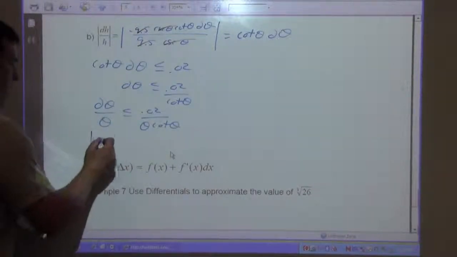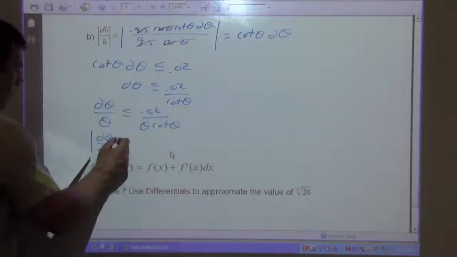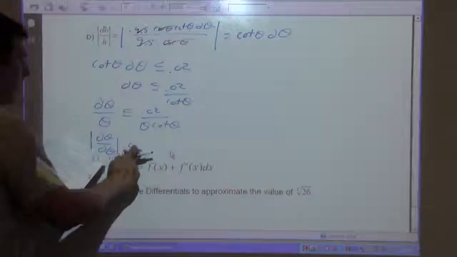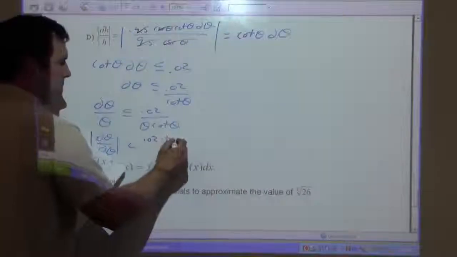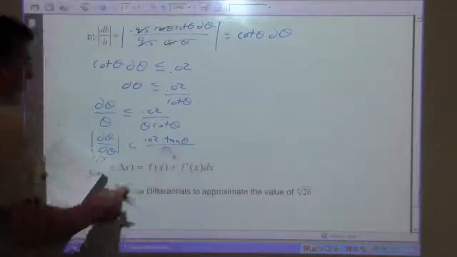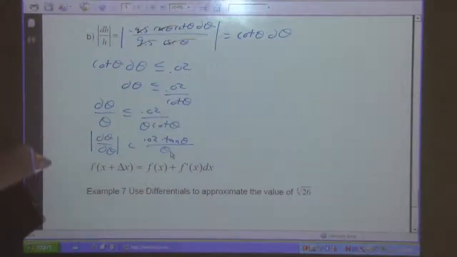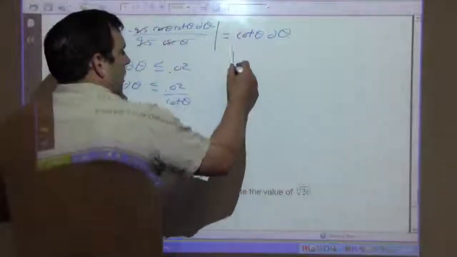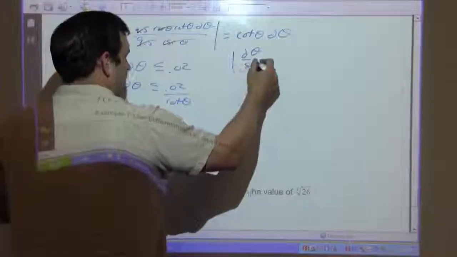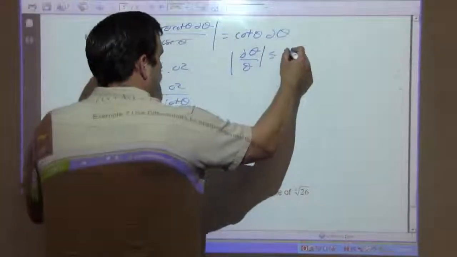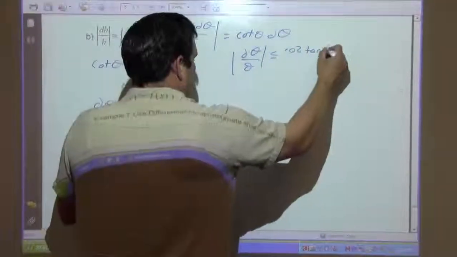So the absolute value of d theta over theta is less than or equal to 0.02 times tangent theta over theta.